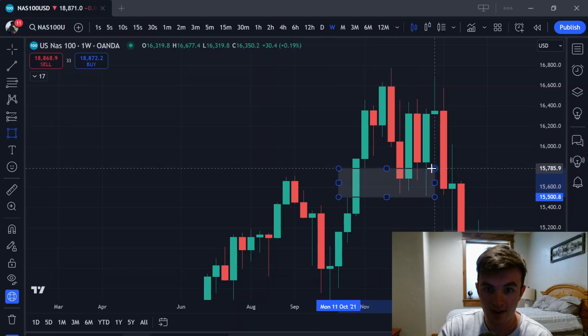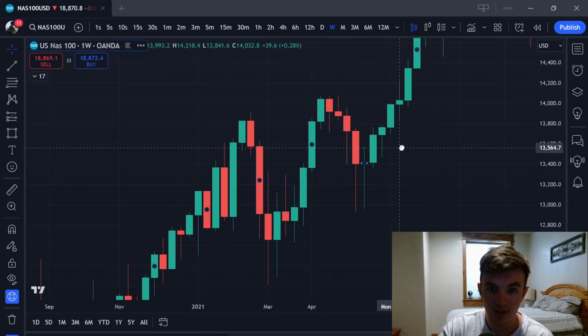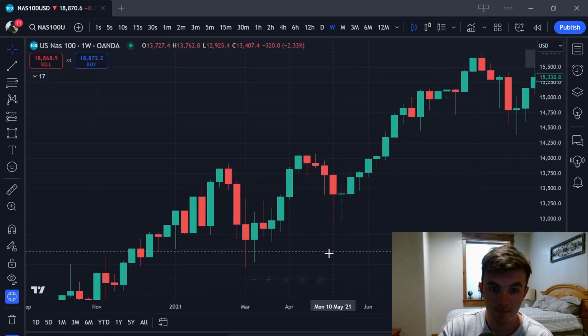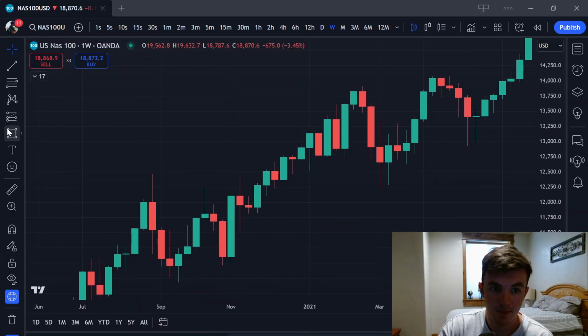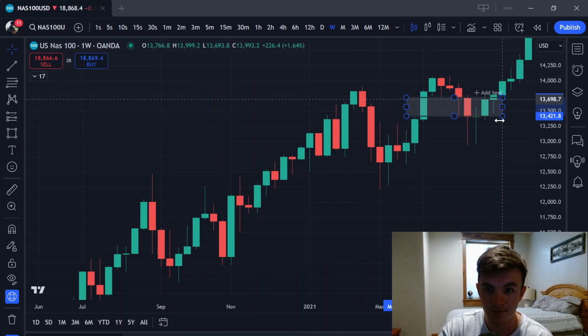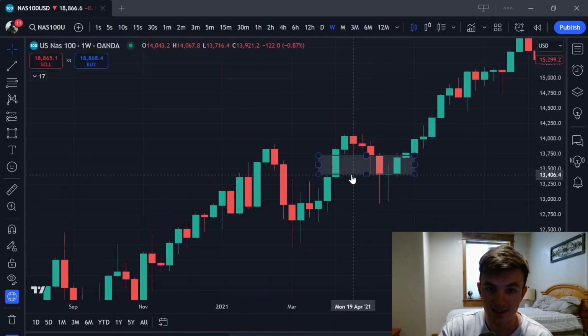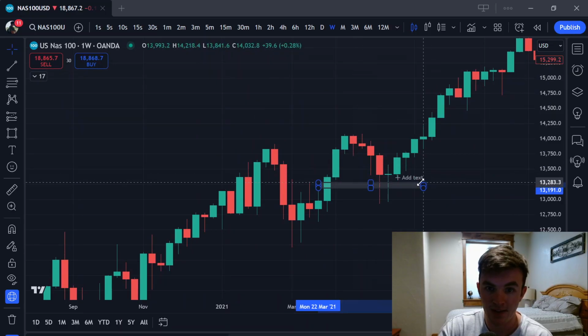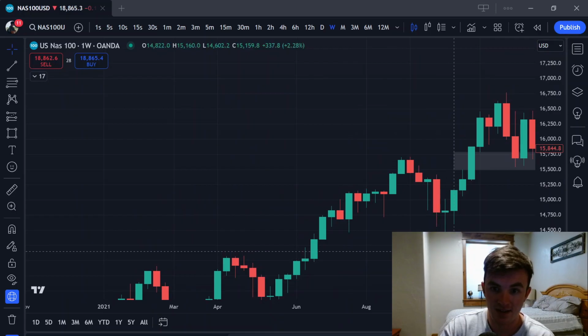Low of a candle prior, high of a candle after, price comes back in, and continues higher. This one pushed a little further past. It went all the way down into this gap, but it pushed into this gap and then continued higher.